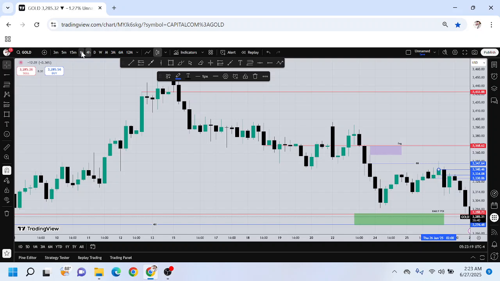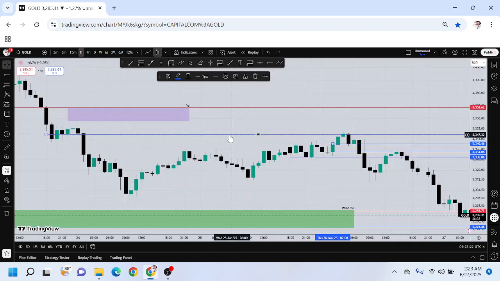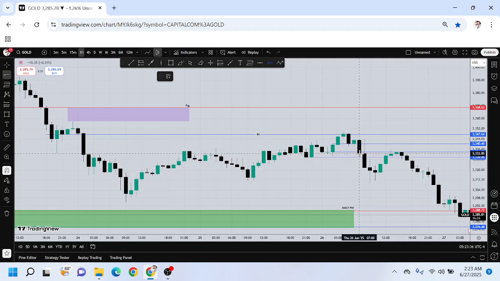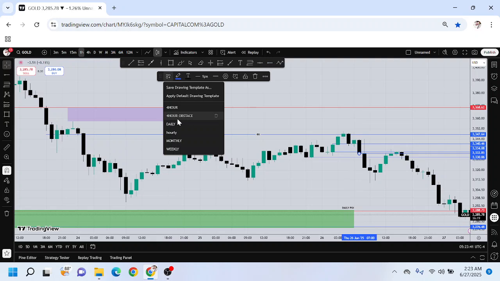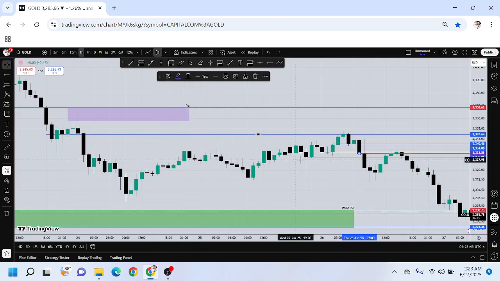So I'll go down to the 1 hour to refine these levels a little bit. This is the first level. I can refine it to this open close. Like I said, there are going to be a lot of lines because of the way the price action is hourly.